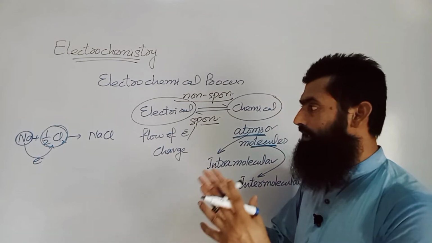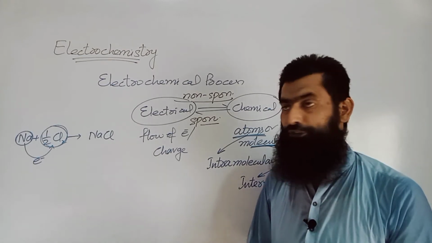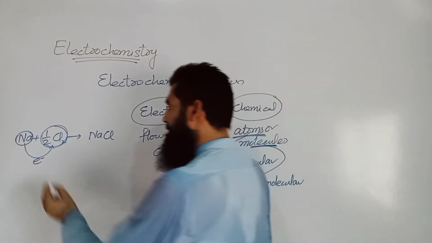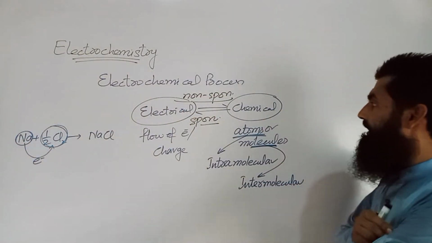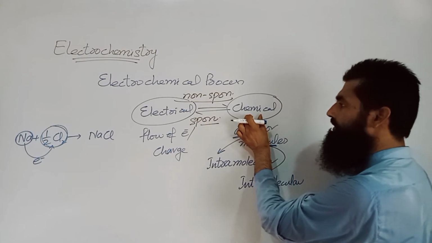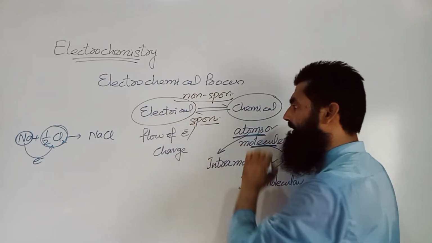The chemicals combine spontaneously, so the movement of electrons occurs. So this is the conversion of chemical energy into electrical energy, which happens spontaneously.